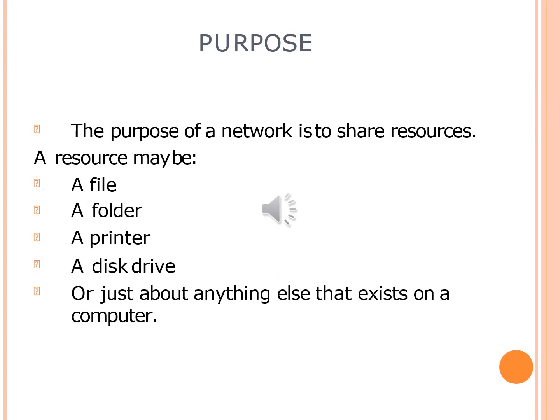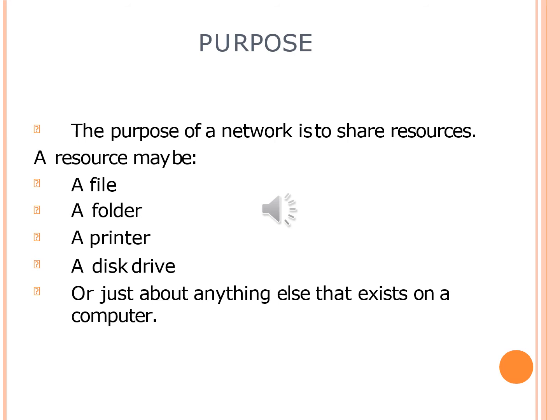Let us understand the purpose of using the network. The purpose of a network is generally to share resources. Suppose we have multiple computers and multiple employees in a company, and we have certain devices, let's say printers.